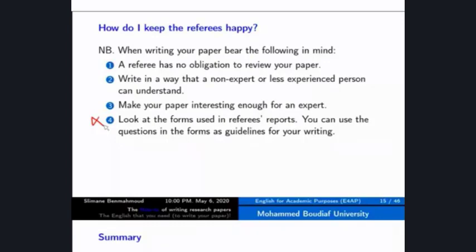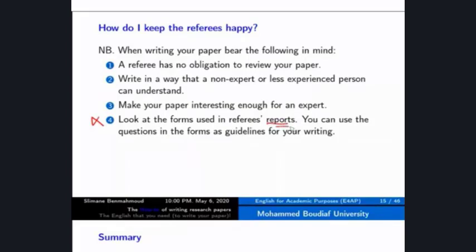What does this mean? Let me try to explain. When referees are asked to review a given manuscript, the editor also gives them some type of empty report, and they have to fill in these reports.